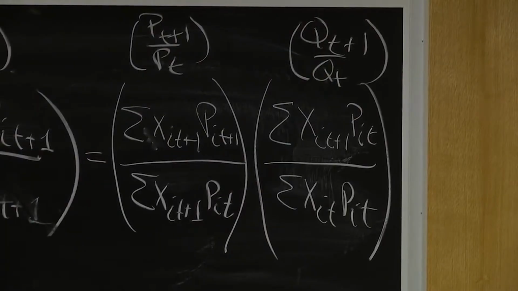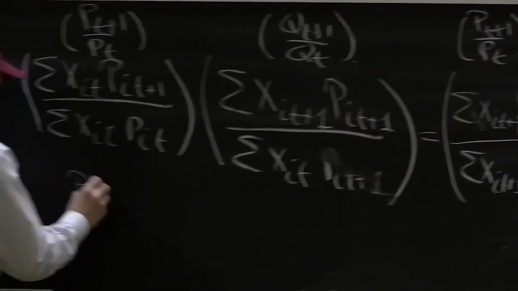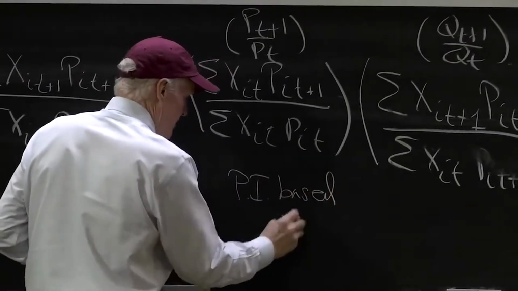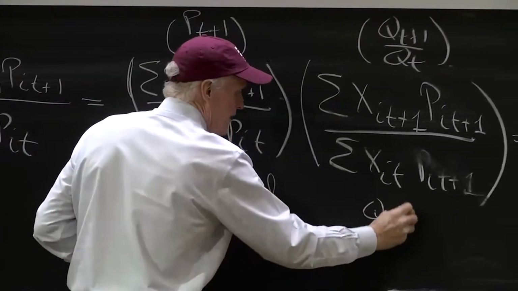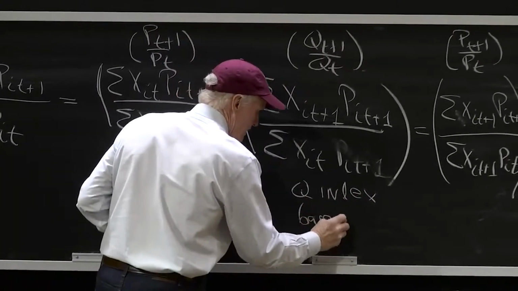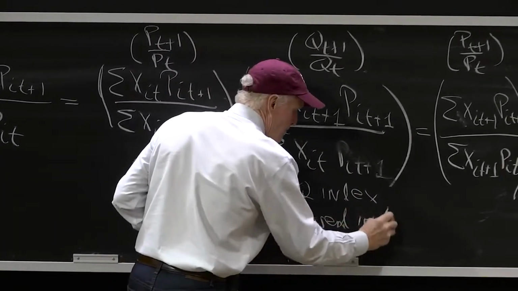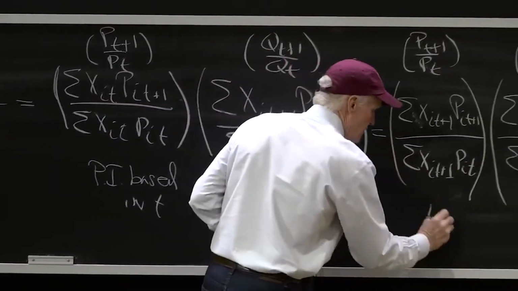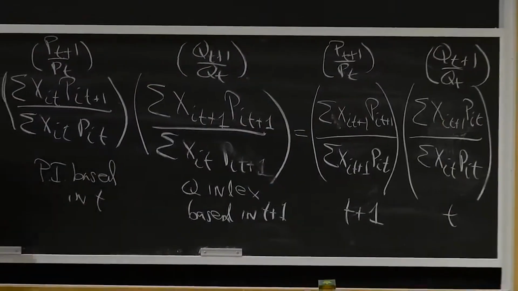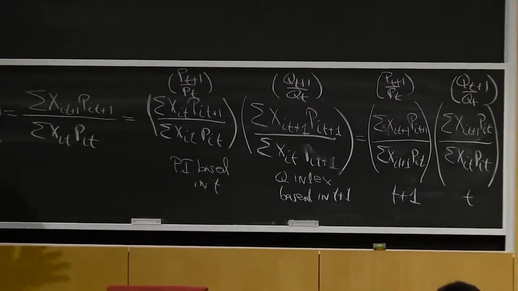So here, price index based in t, quantity index based in t plus 1. Here, this is t plus 1 base, and here it's t. It's not like one of these is good and one of them is bad.